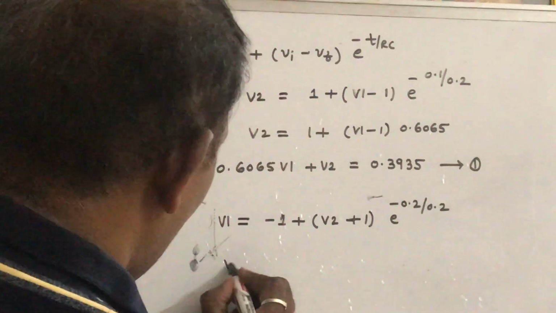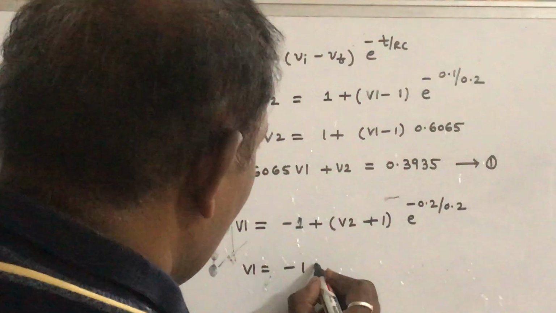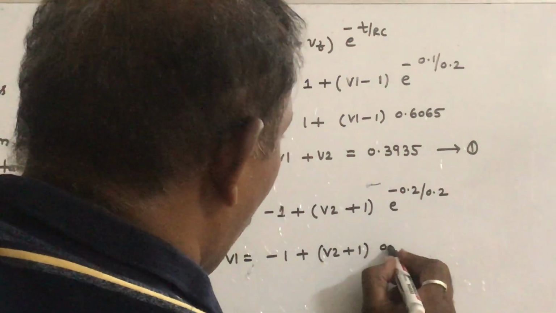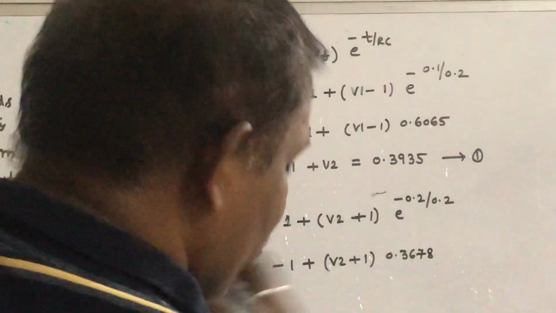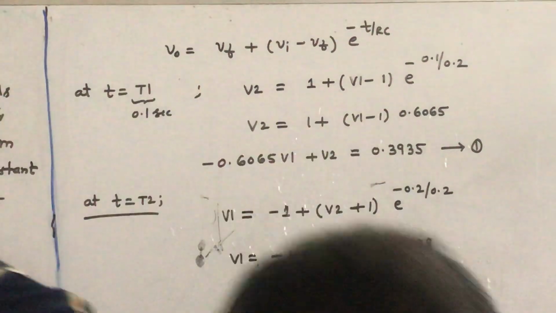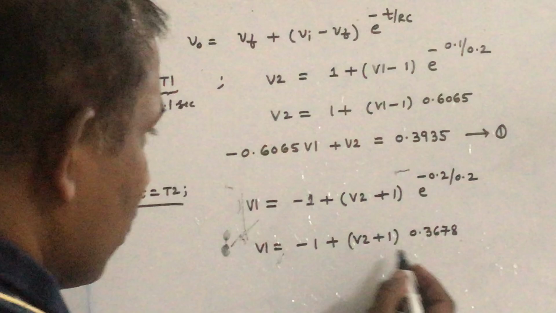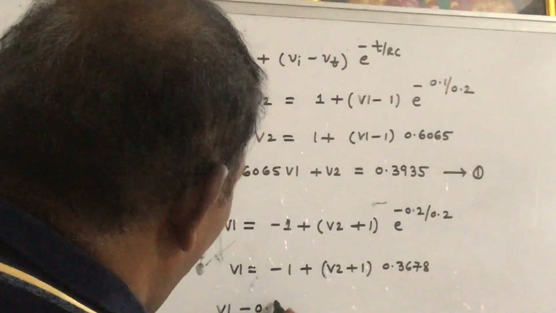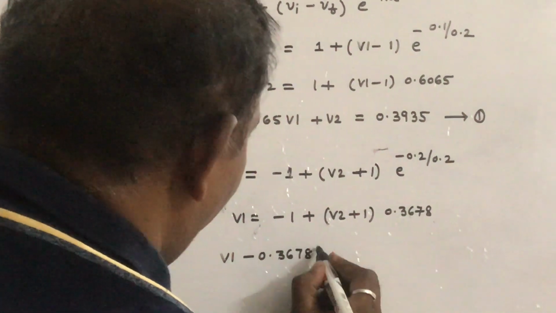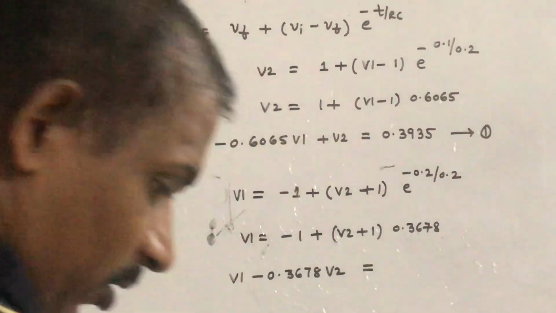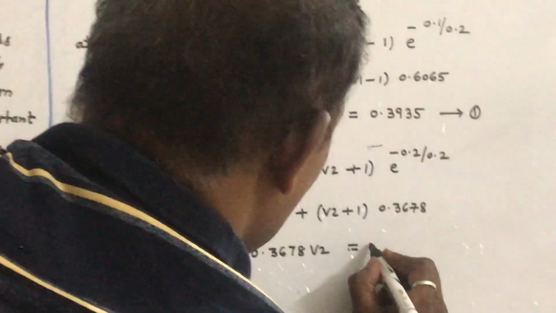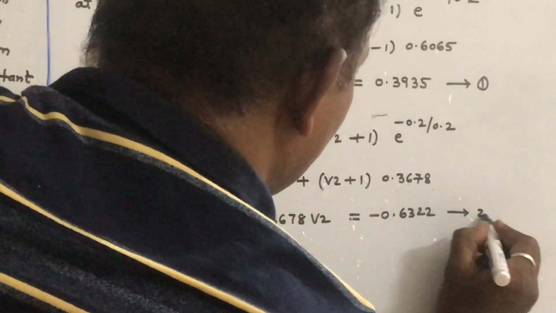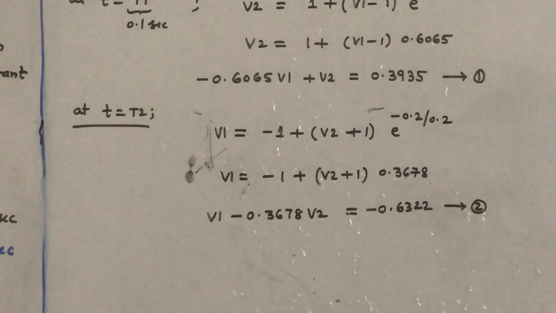So V1 is equal to minus 1 plus (V2 plus 1) into 0.3678. If we rearrange, V1 minus 0.3678 V2 is equal to minus 0.6322.